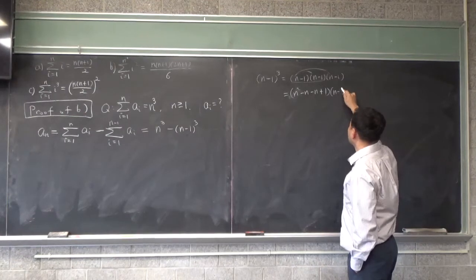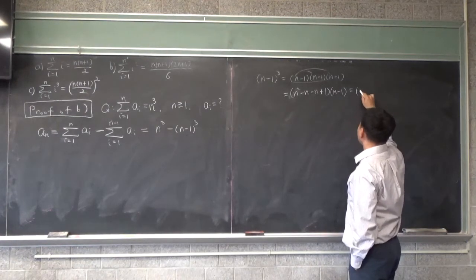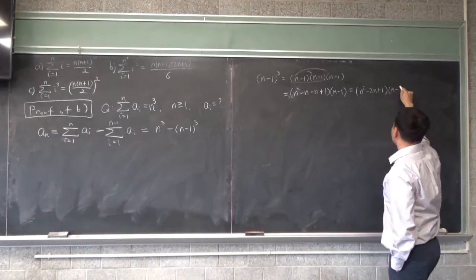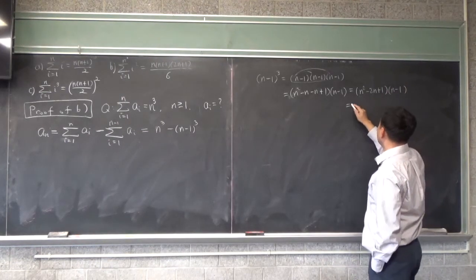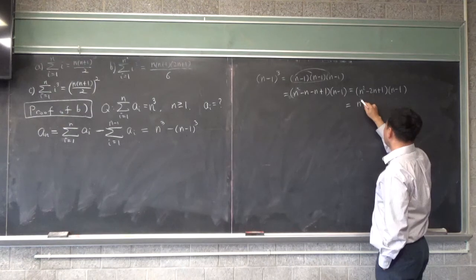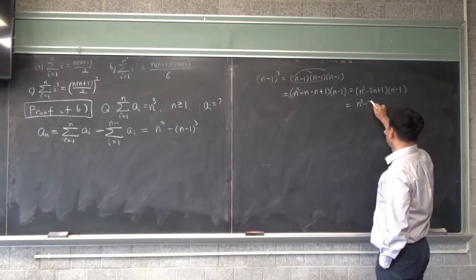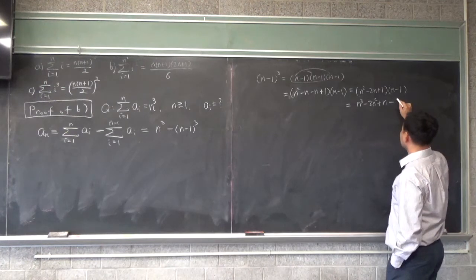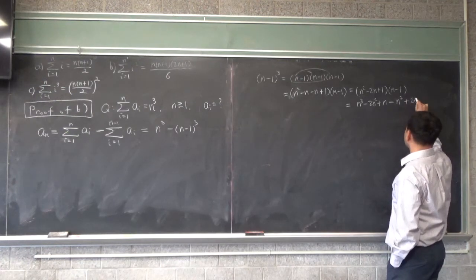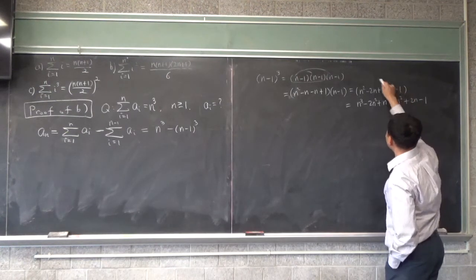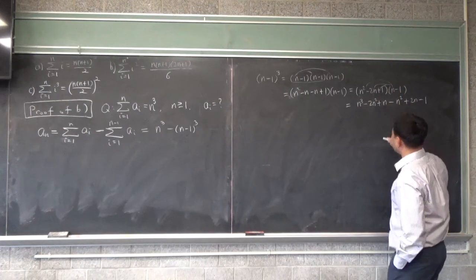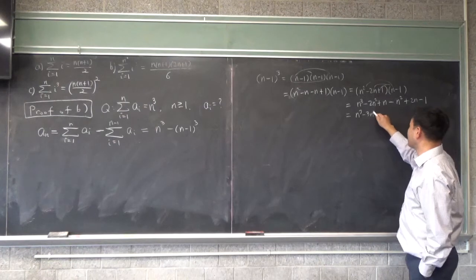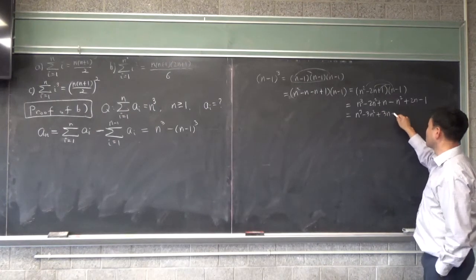n minus 1 cubed is like n squared minus 2n plus 1 times n minus 1. So that's going to be n cubed minus 2n squared plus n. I just did this first, and then I did that here. So the result is n cubed minus 3n squared plus 3n minus 1.